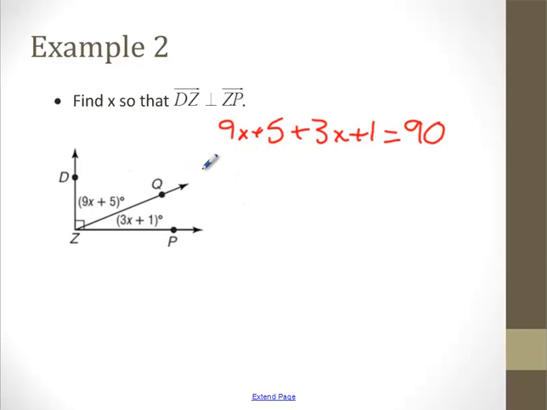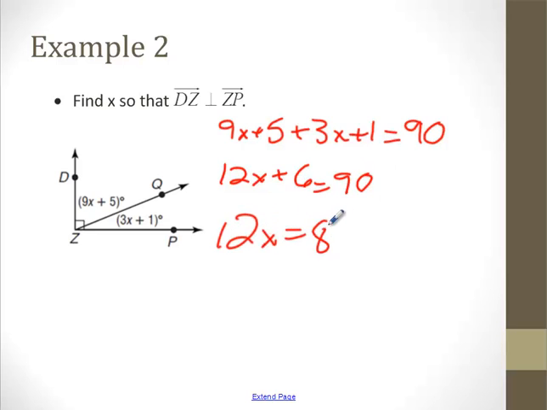So we combine like terms. 9x and 3x is going to get us 12x. 5 and 1 add up to 6. So we've got 12x plus 6 equals 90. I'm going to subtract 6 from both sides, get 84. Divide by 12, and we get 7. I found an x value that works, which means these two angles are complementary.